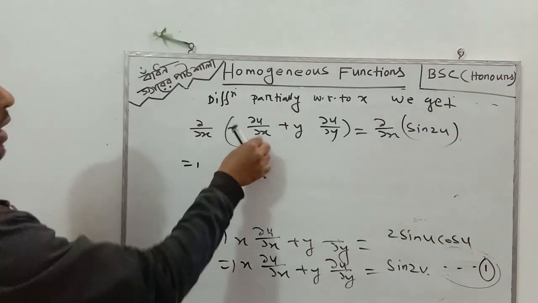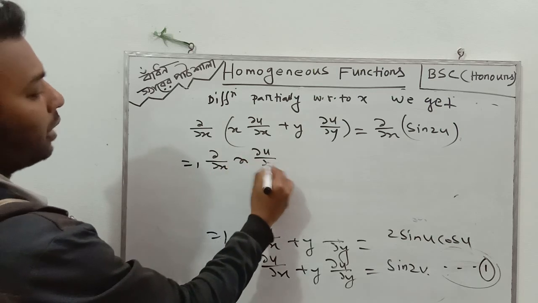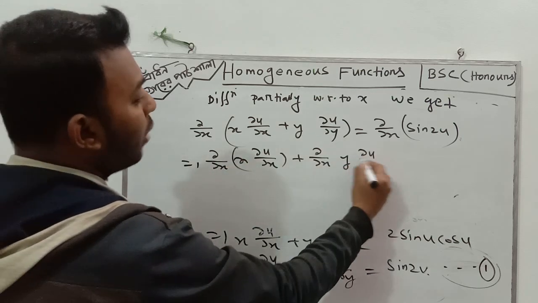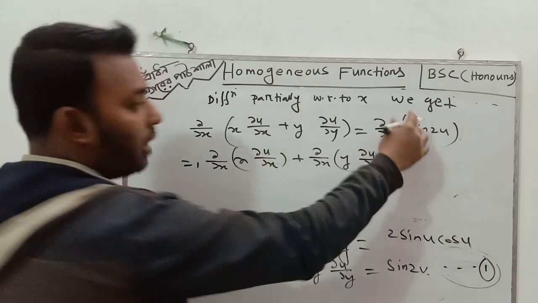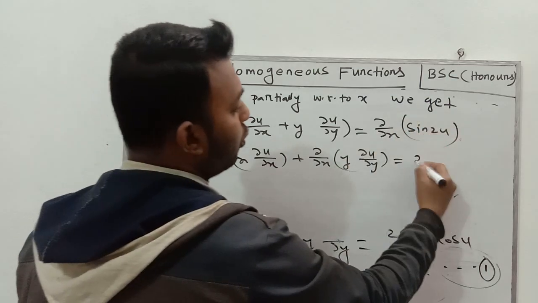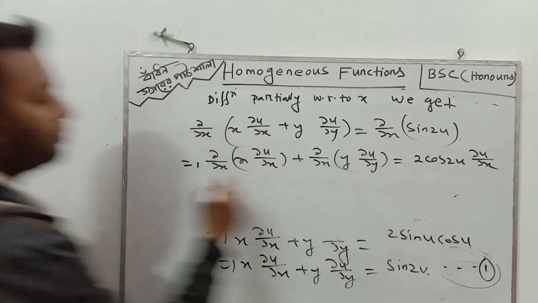Here we can write del del x of x del u del x plus del del x of y del u del y, and differentiating the right side we get 2 cos 2u del u del x.